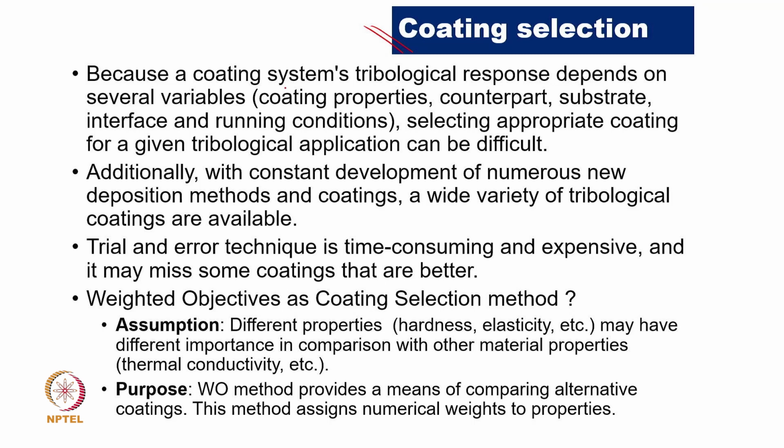We say that the coating system's tribological response depends on several variables. What are the coating properties? What are the counterparts, substrates, and different conditions? Another thing is that newer materials keep coming, newer methods are coming, and wherever the gaps come, people try to modify.